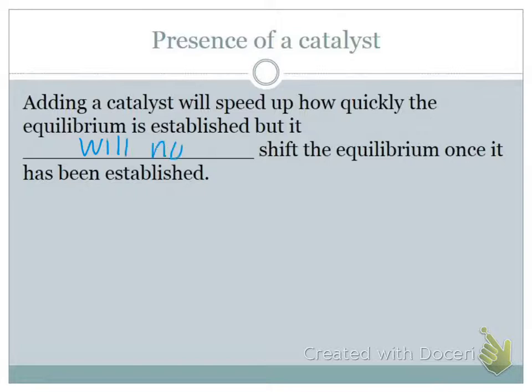That's because, if you remember, when we looked at the diagram that had a catalyst in there, the amount of reactants and products didn't change. It just lowered the barrier. So what it does do is allow you to reach equilibrium faster, but it does not affect the equilibrium position.